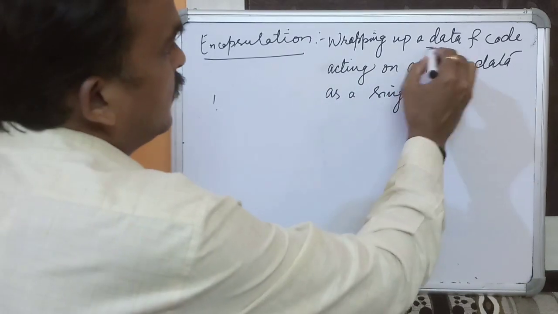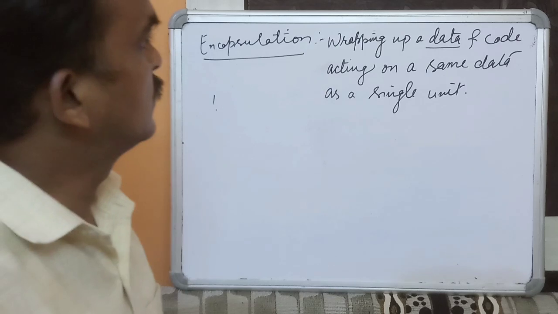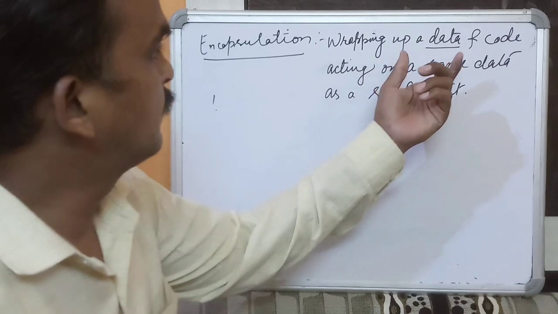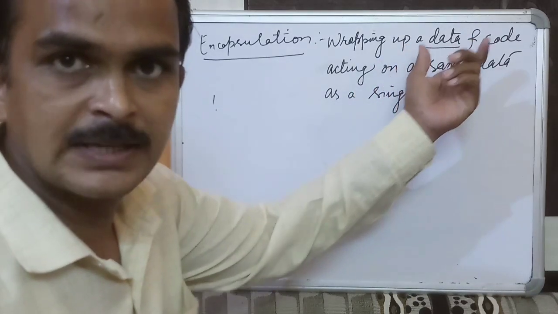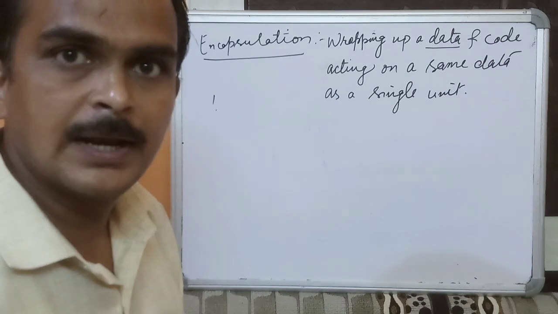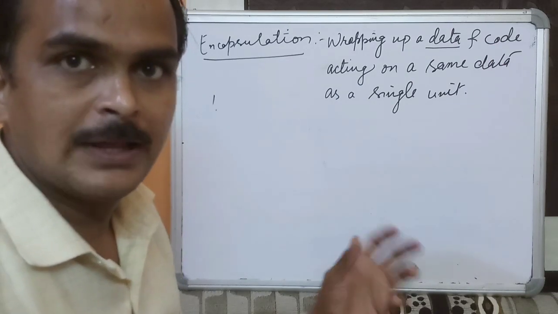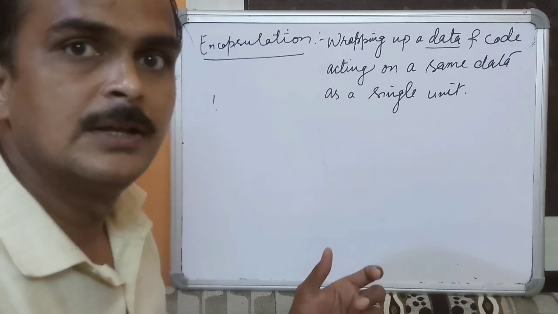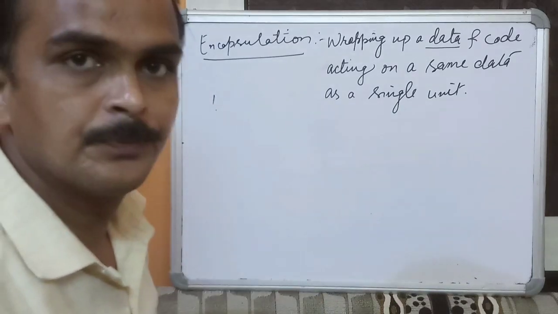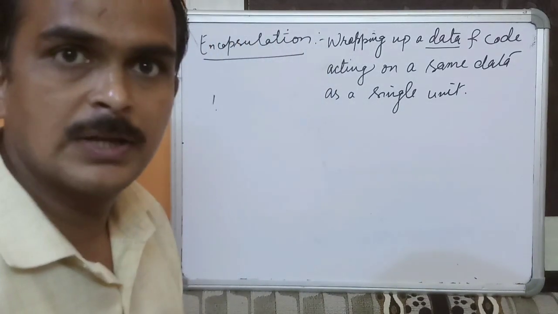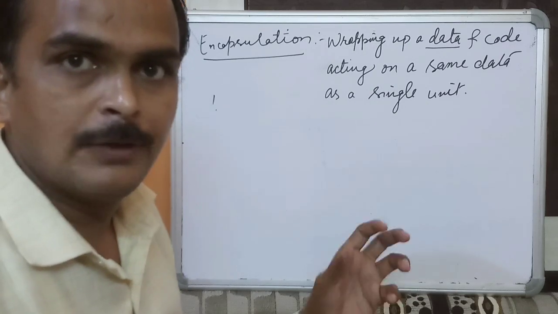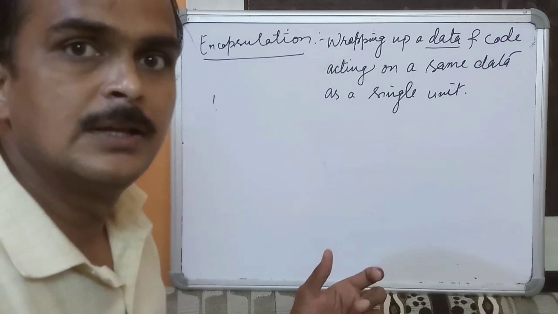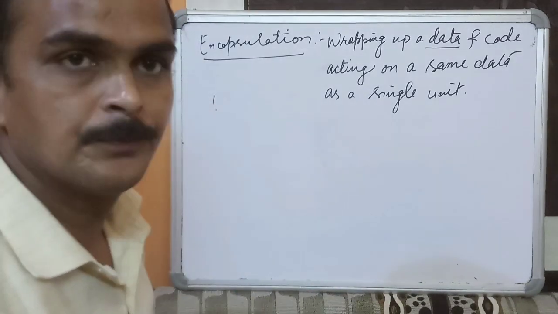So here we are talking about data. Data is nothing but a variable. When we wrap up the variables as well as the methods, so the combination and binding of variables and methods, we collectively make a unit, and that unit basically works as encapsulation.